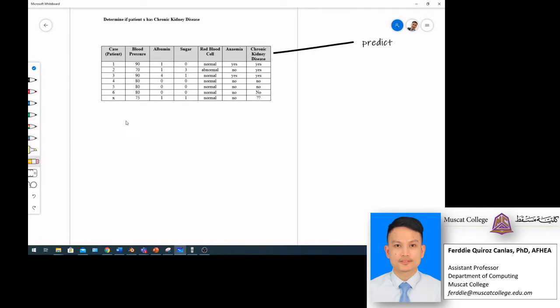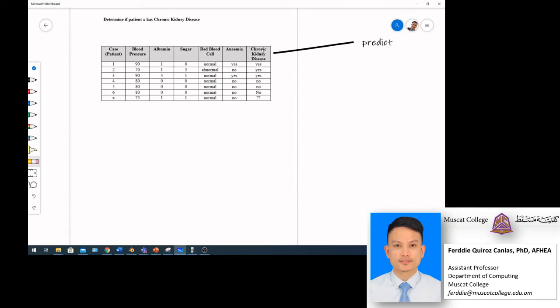So in this example, patient 1, the blood pressure is 90, and then he has albumin of 1, and then sugar is 0, and then red blood cell is normal, and he is having anemia. So the conclusion of the doctor is this person is having chronic kidney disease.